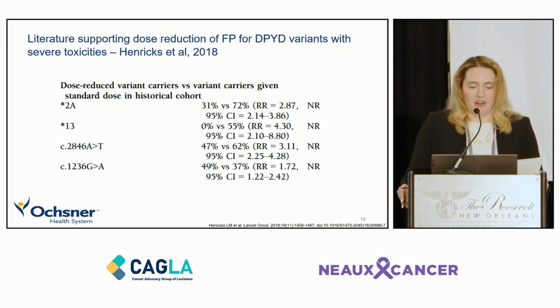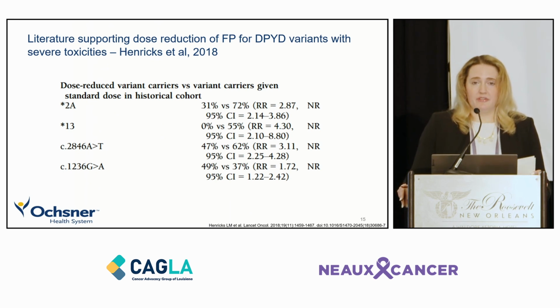When we look at our other 2 that are not a full enzyme reduction but a partial one, compared to historical cohorts, we're doing better. We're seeing fewer toxicities by decreasing the doses, but not as much of a decrease as we would expect.